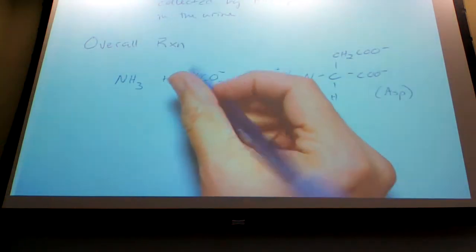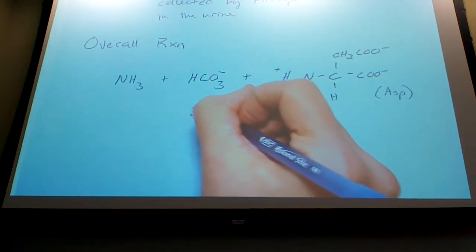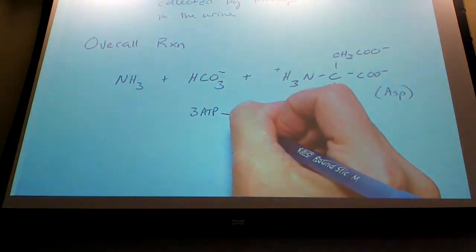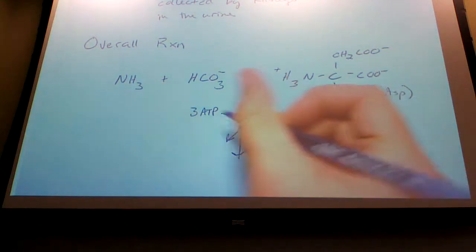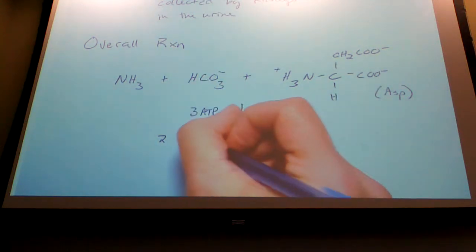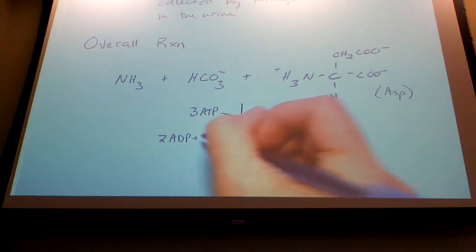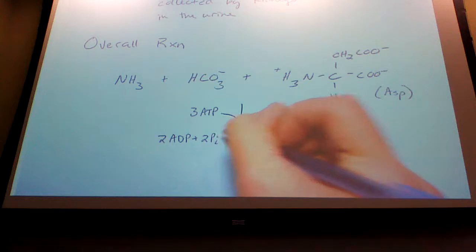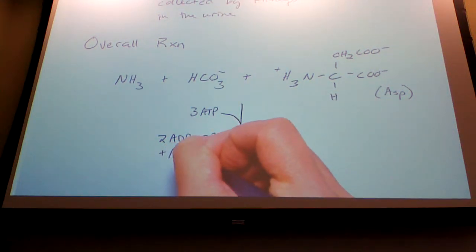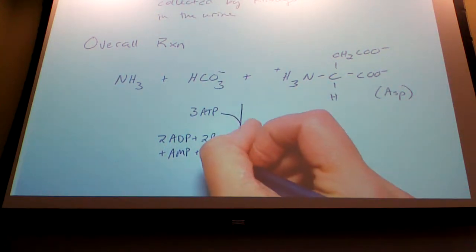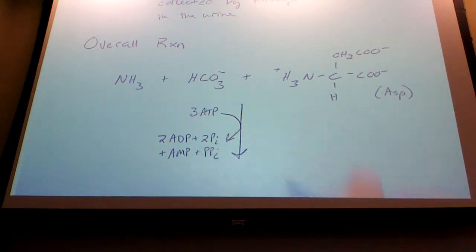And it's going to require 3 ATP to do this. And we're going to get out 2 ADP plus 2 Pi plus 1 AMP plus pyrophosphate.